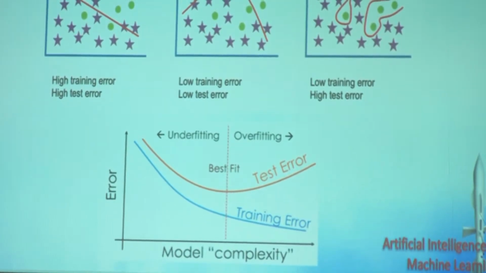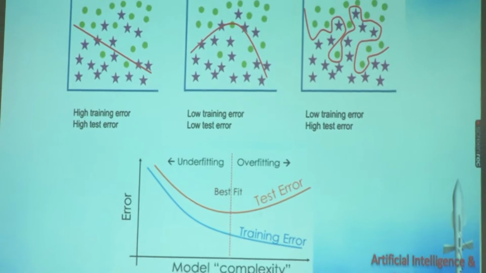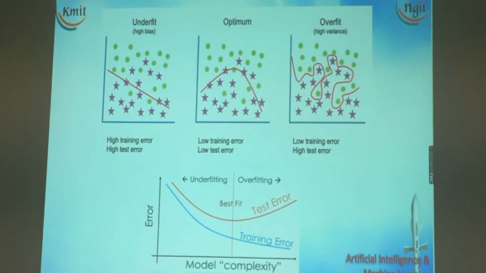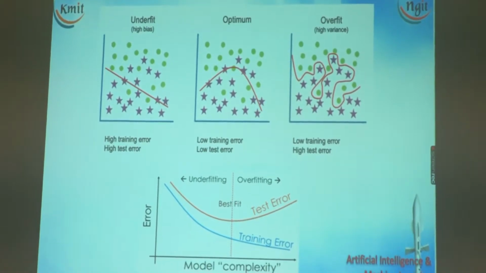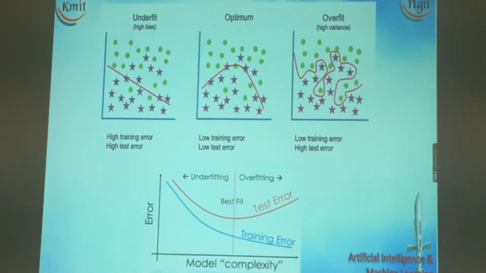In which type of fitting model will we get overfit? When we have high variance. Yesterday when we talked about binomial distribution, normal distribution, mean, variance and standard deviation: when we have a lot of variance, it always results in overfit.